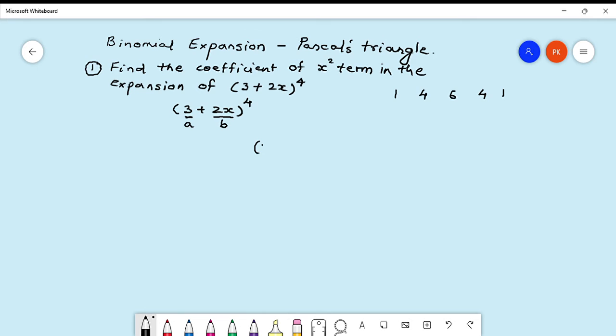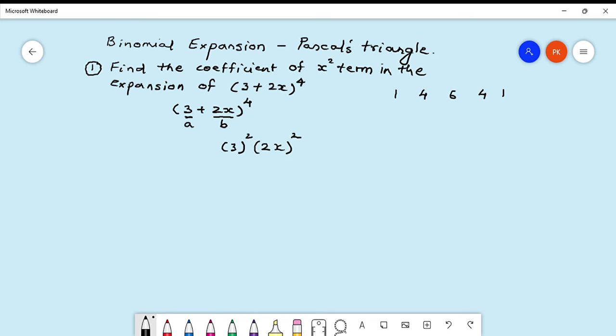That means the power of 2x will be 2 and the power of 3 will be 2 because the total power should be 4. Because I want the x square term, I am taking the power of 2x, that is b, as 2 and the power of 3, that is a, as 2.